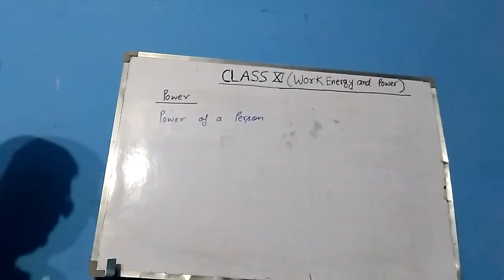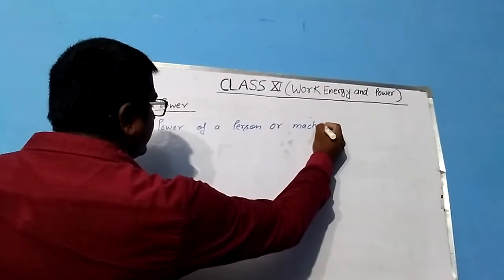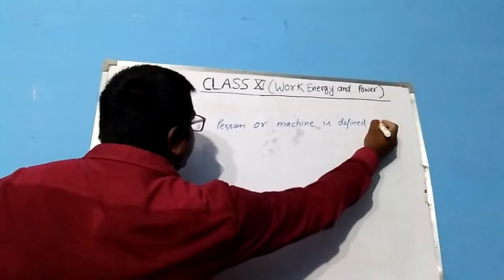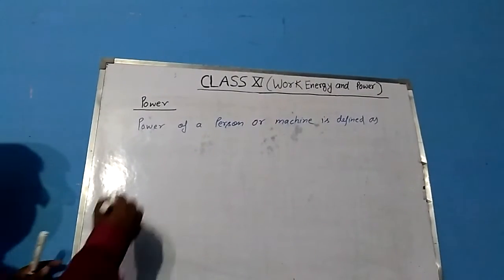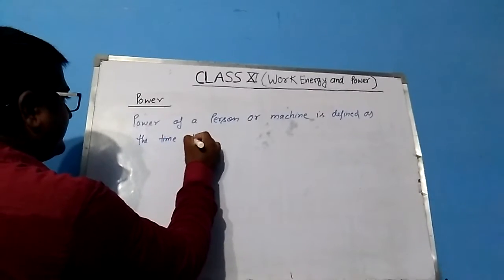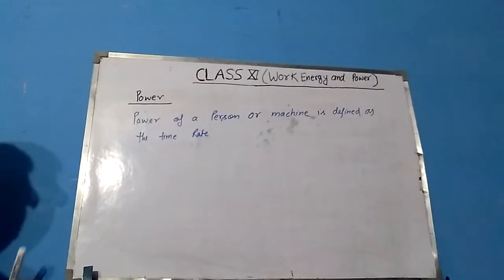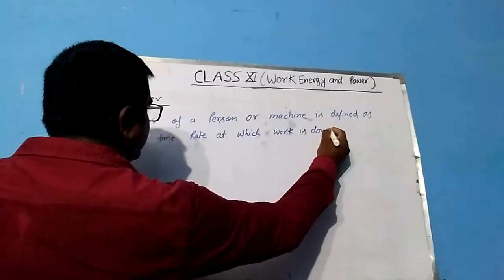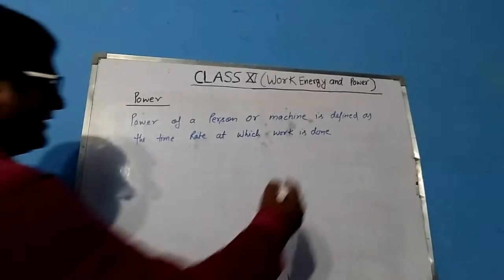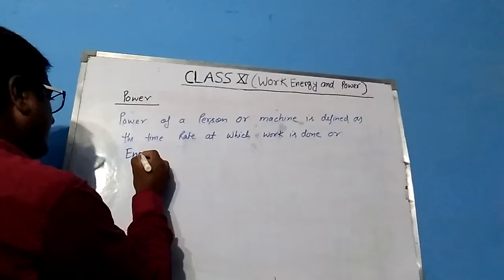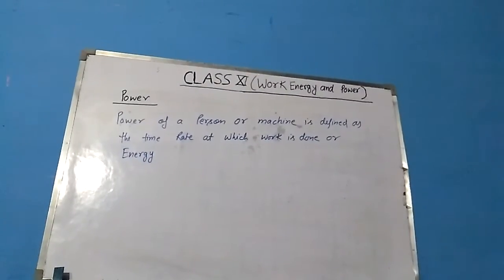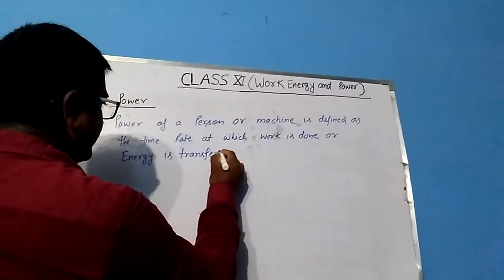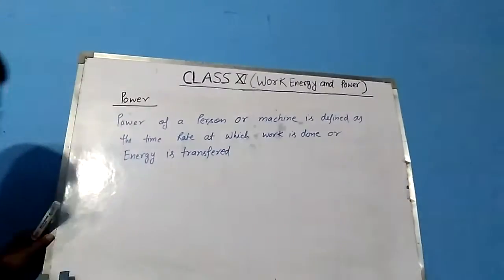Power of a person or machine is defined as the time rate at which work is done or energy is transferred by it.